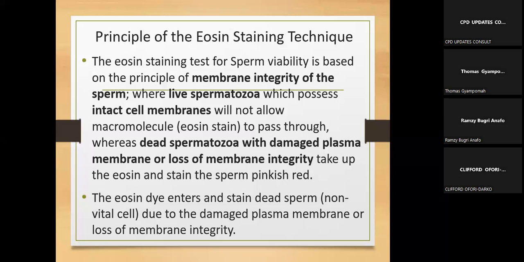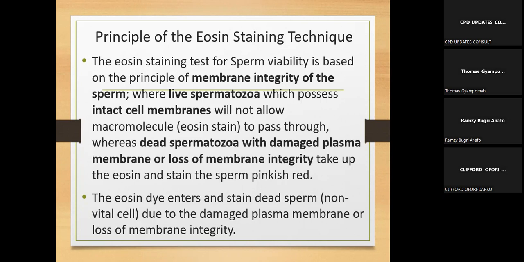I hope the point is clear. So in the eosin tests, live sperms will not be stained. It is demonstrating that the live cell has its membrane integrity uncompromised. It has its membrane integrity intact.